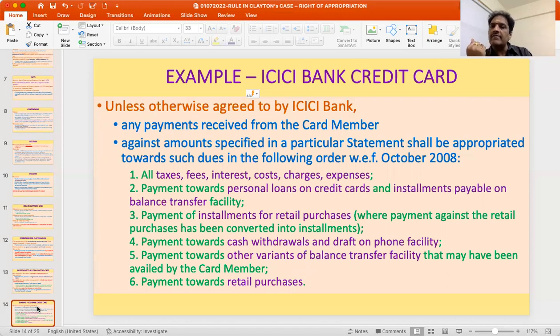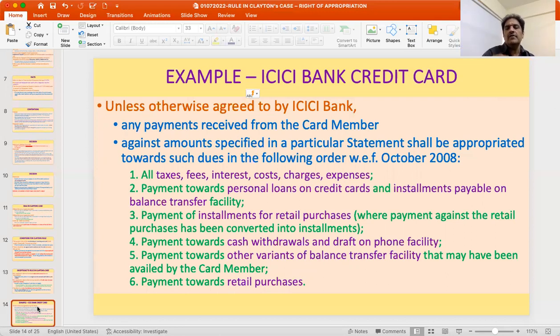If there are various items which constitute the statement of accounts, the mechanism of appropriation is as set out, unless it is agreed otherwise by ICICI Bank.